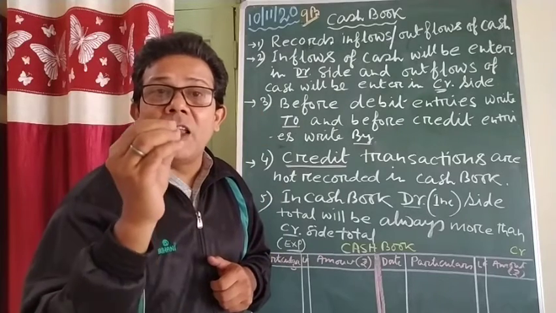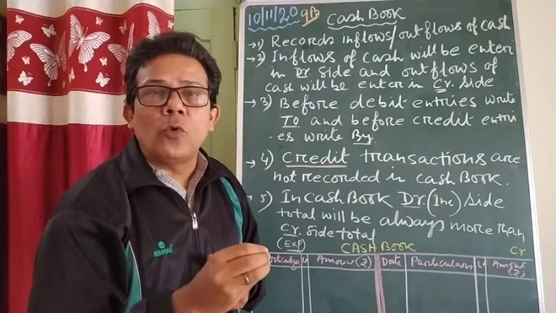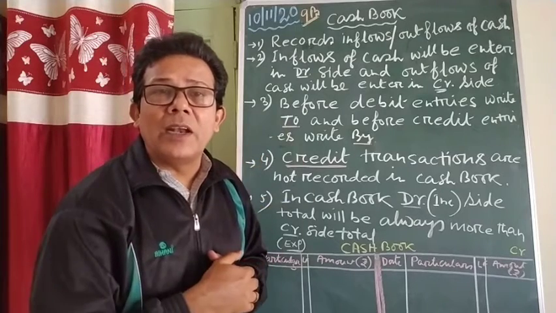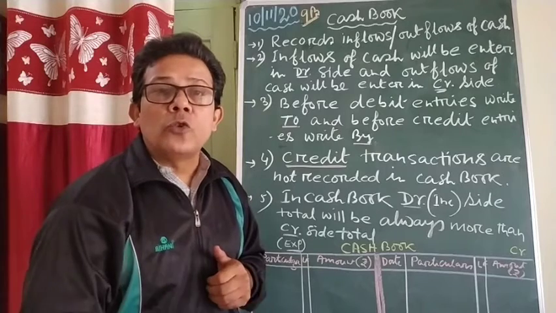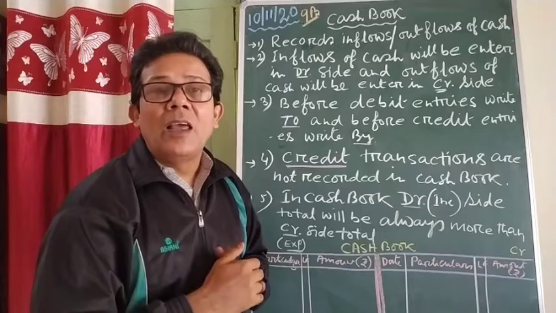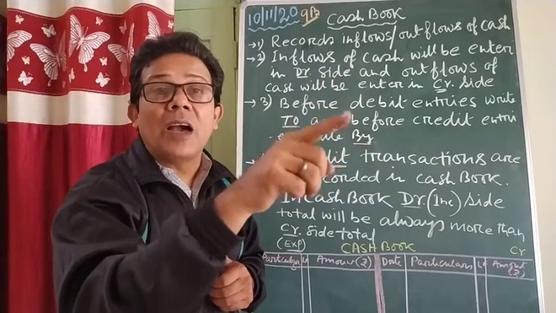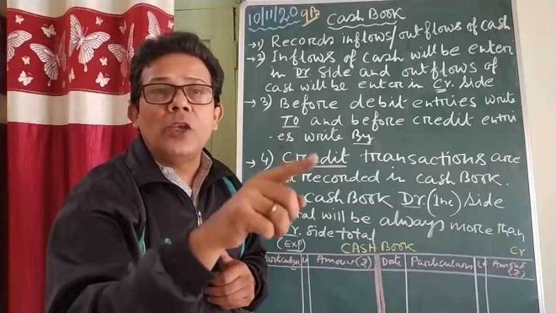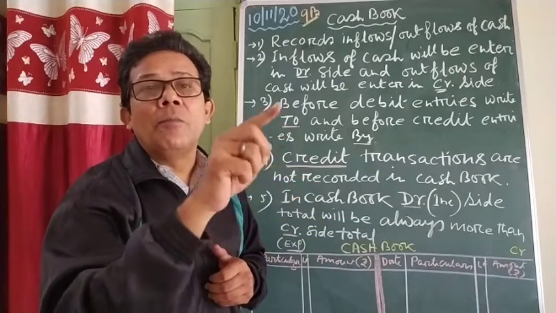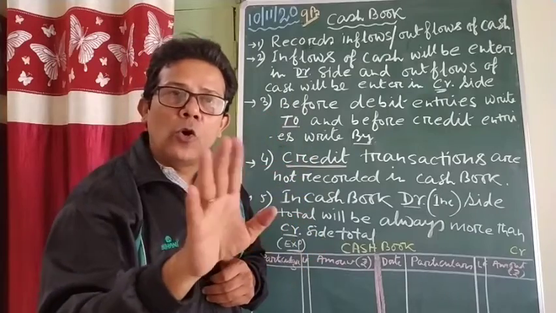But as per the law of the accounts, the debit side total has to be equal to the credit side total. So the balance amount to make both sides equal will always be written on the credit side of the cash book by using the words "by balance c/d". I hope it is clear to you.